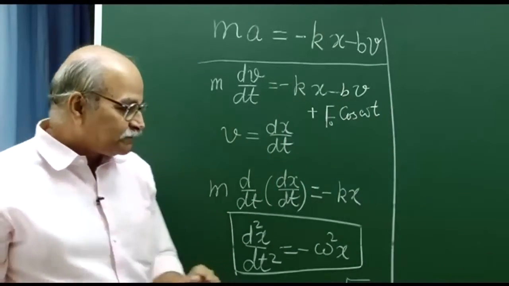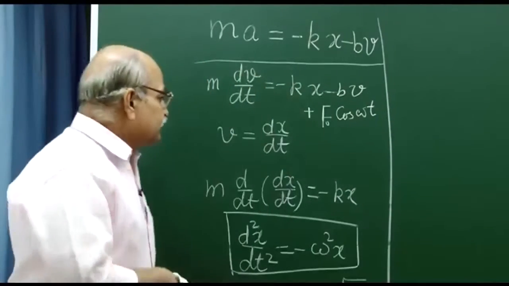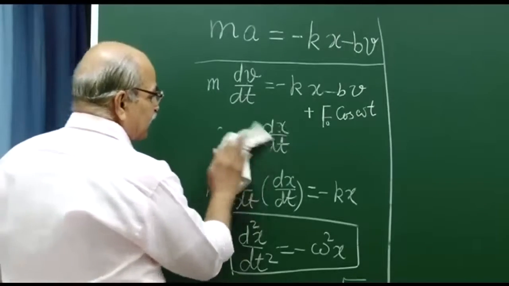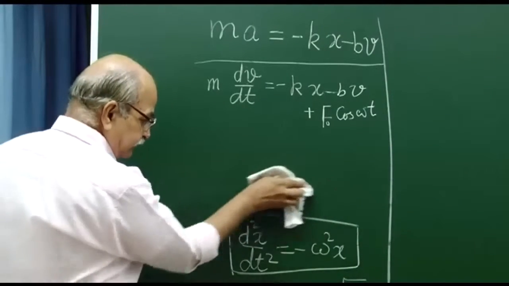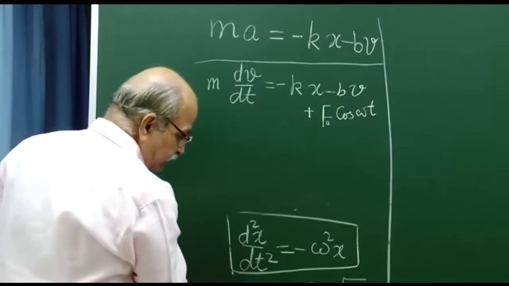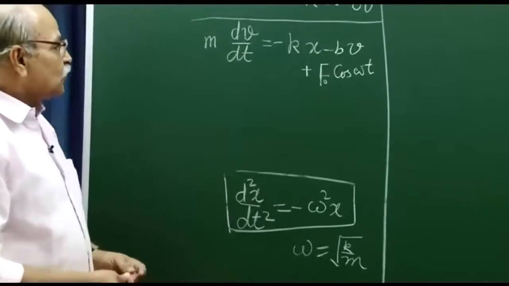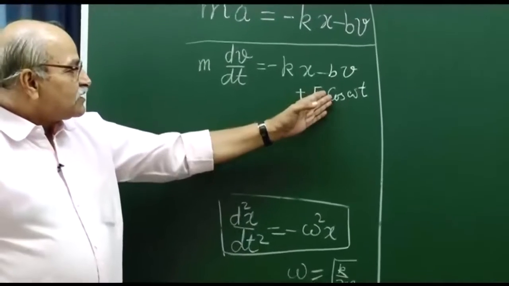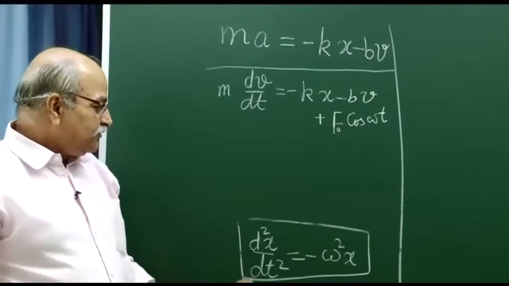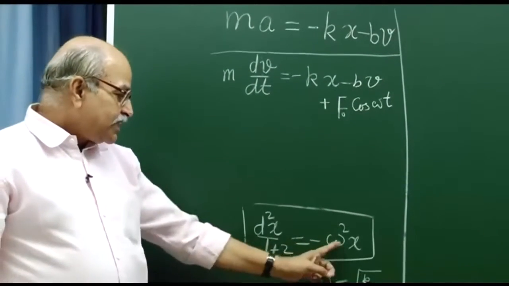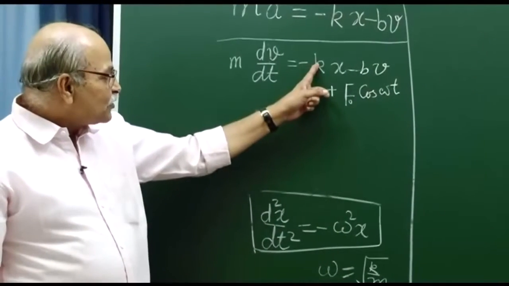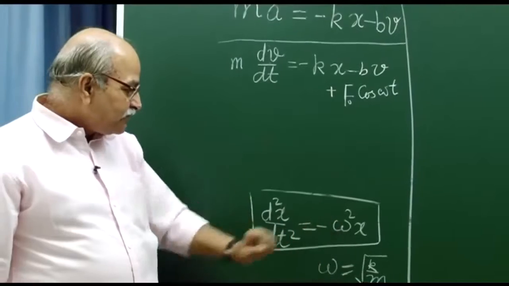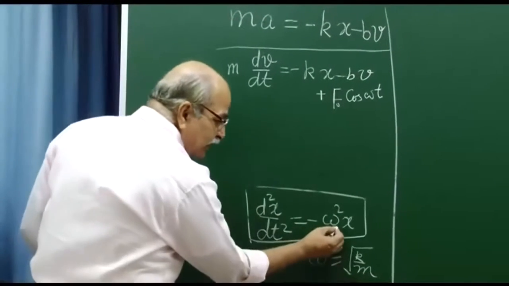So, what will happen? Let me remove this part and this part. What will be the effect of this part and this part? The basic equation is there, and this omega corresponds to the restoring force. Let me write it omega naught.